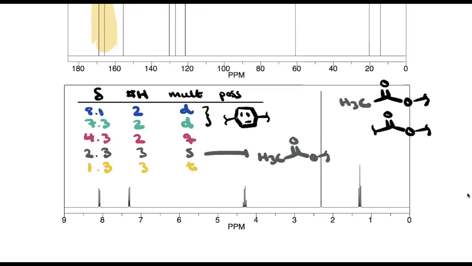And then what about the other 2 peaks that you have there? The 2 hydrogens at 4.3 would be next to the single bonded oxygen. And then that would be next to the methyl group. Right, so yes, I'll just draw this down here.